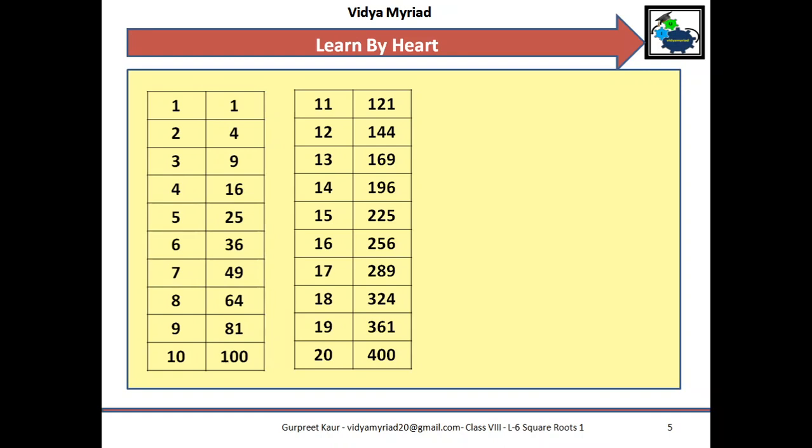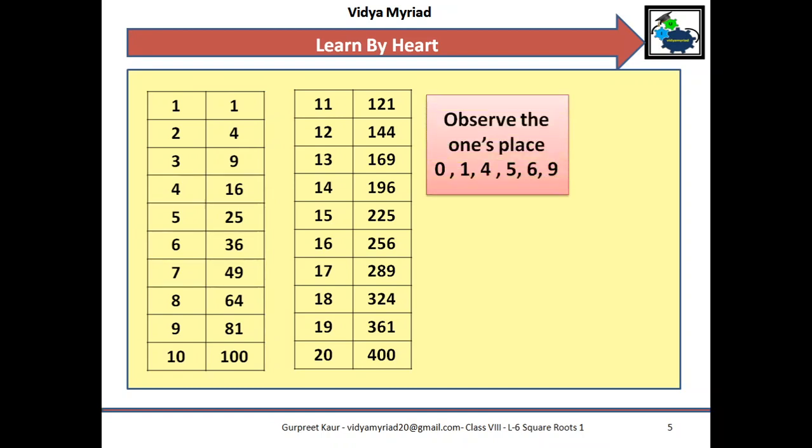Now if you observe the ones place of these squares, like 1, 4, 9, 16, 25, 36, 49, 64, 81, 100, and the same way the squares 121 to 400, look into the ones place or the units place. You will observe the digits 0, 1, 4, 5, 6 and 9. These are the ones which come when you square a number.